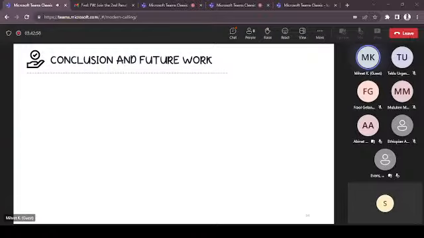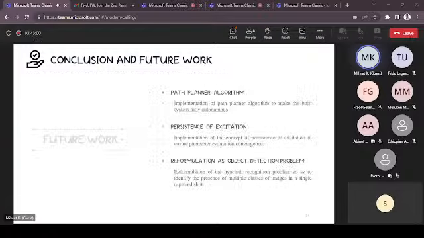This work can further be developed by using a fast learning algorithm and by considering the concept of persistence of excitation to ensure parameter estimation convergence. And the image recognition model can also be reformulated as an object detection model to improve the application areas.